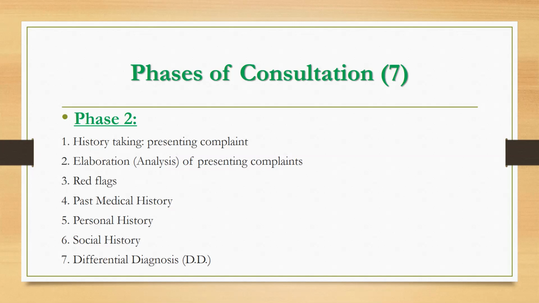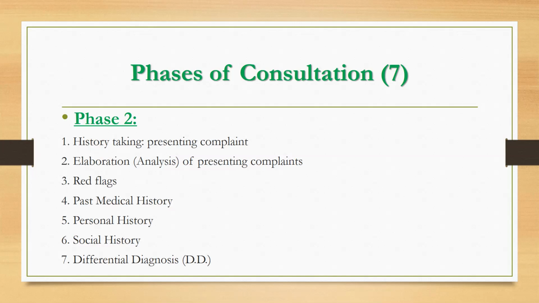All of this is called analysis and elaboration of the presenting complaint. Then you should ask about the red flags. Red flags will differ from condition to condition, and they should exclude serious conditions. As the name suggests, red flags are for serious conditions, which include either emergency conditions or cancers.